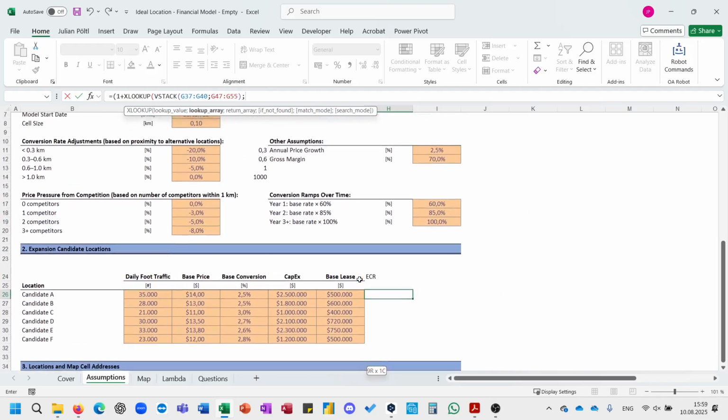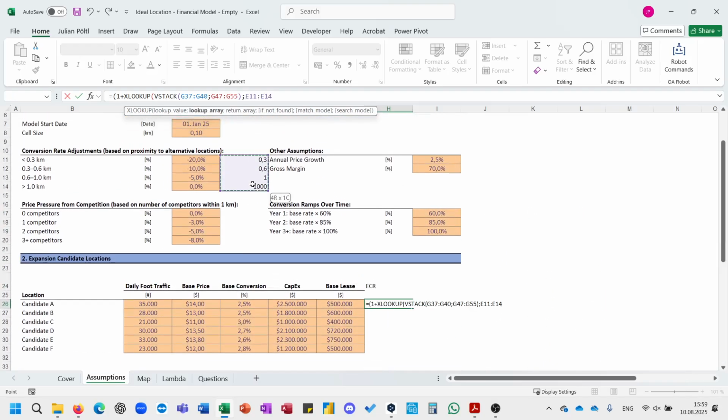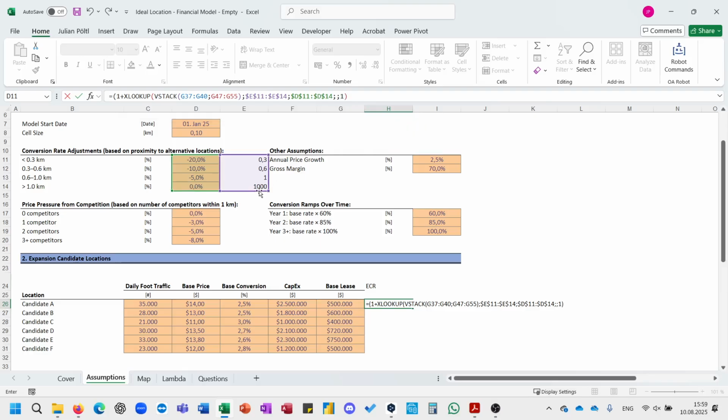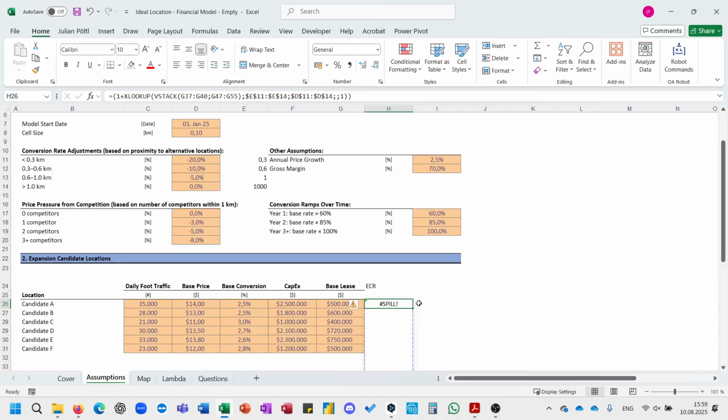XLOOKUP: lookup value, array, match mode exact match or next larger item. Therefore, I've prepared this here, and this will spill.